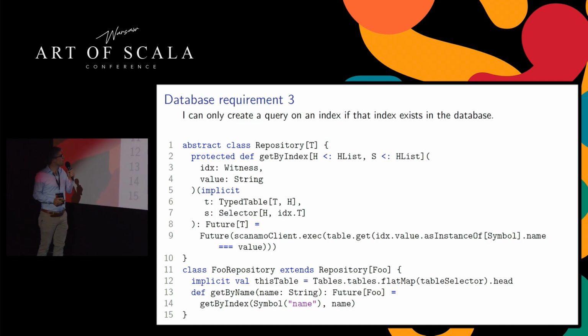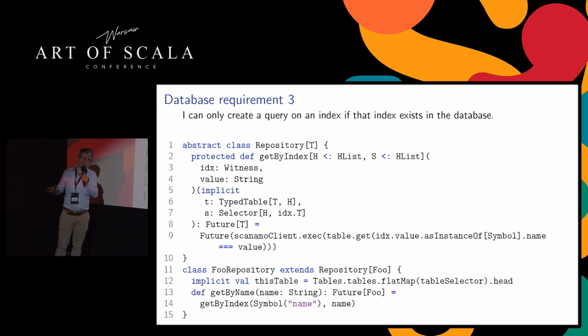Then we have to do a bit more work, because here in this get by index function we require an implicit typed table which gives us all the information about the table, including the indexes that we have defined. And here we supply this typed table implicitly, and now, thanks to all this magic, the compiler can actually prove that the index with this name exists.